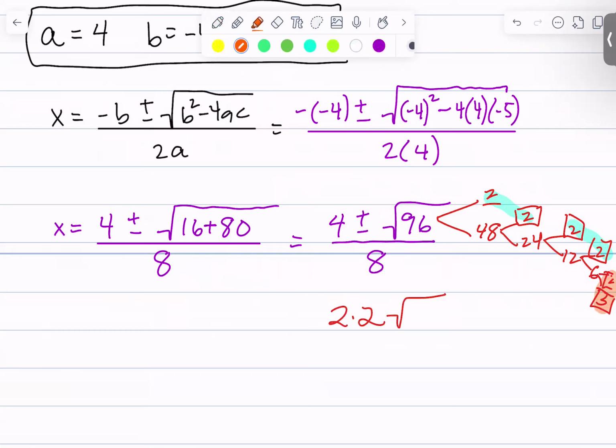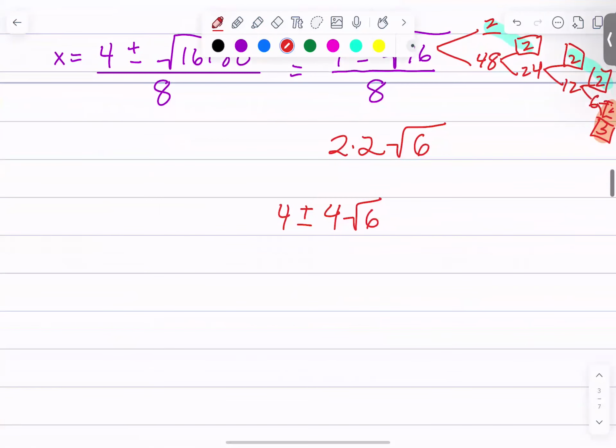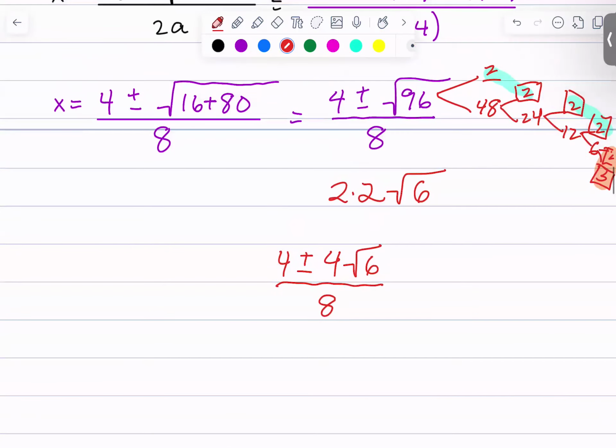That makes sense? So 2 times 2 is 4, square root of 6. And then I'm going to rewrite everything that we have here. Any questions on what we did? How to simplify the square root of 96?